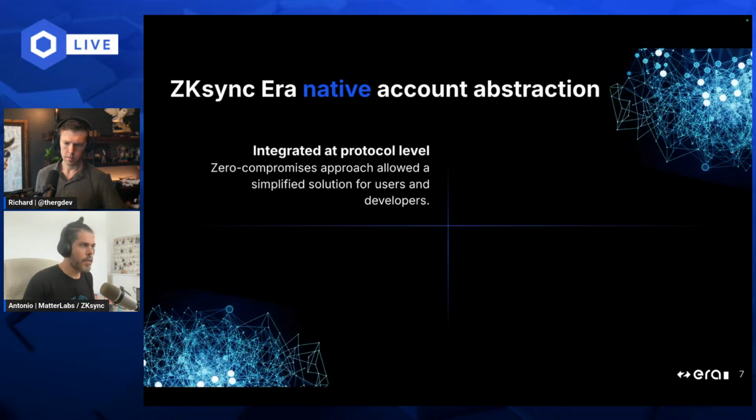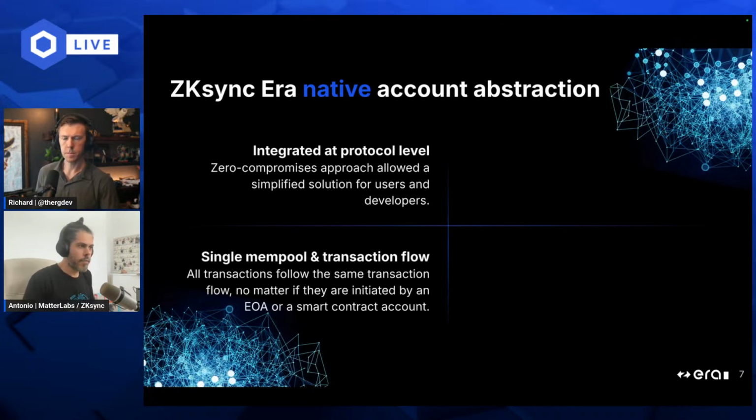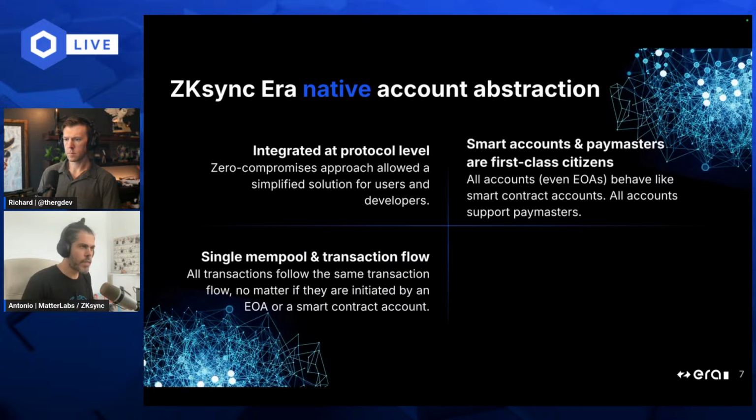It's way easier for both users and for developers. We have a single mempool and a single transaction flow. So all transactions, no matter if they are initiated by an externally owned account like your MetaMask or from a smart contract account, go through the same transaction flow.